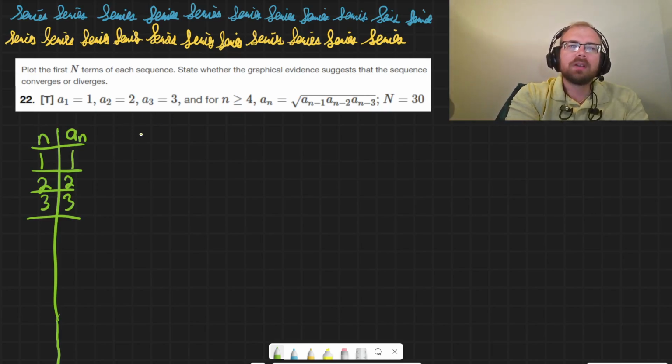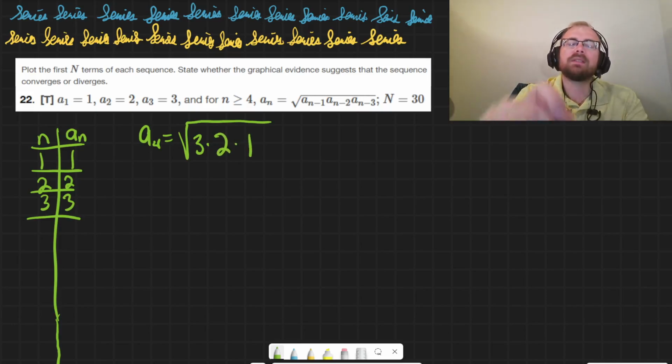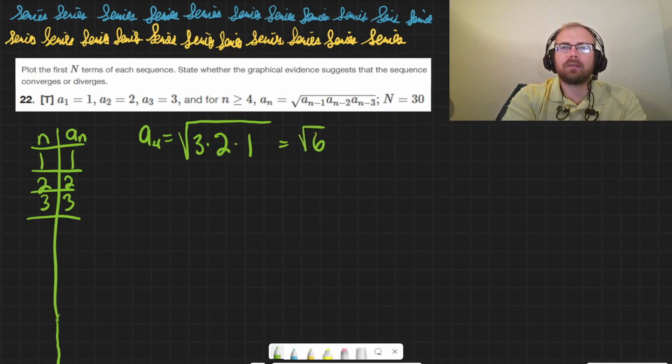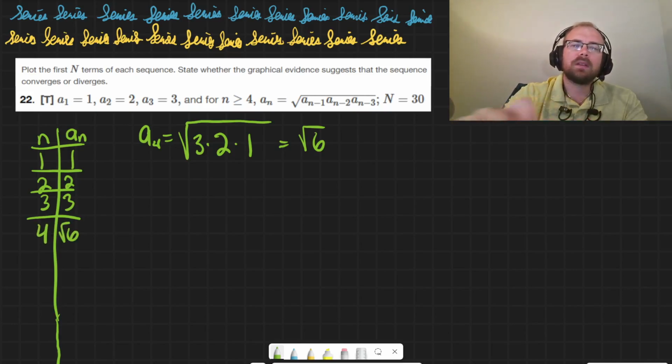So a sub 4 is equal to the square root of a sub the previous term times a sub the previous term times a sub the previous term, and that's just going to be the square root of 6. Right, so 4 and then the square root of 6. That's not going to simplify.